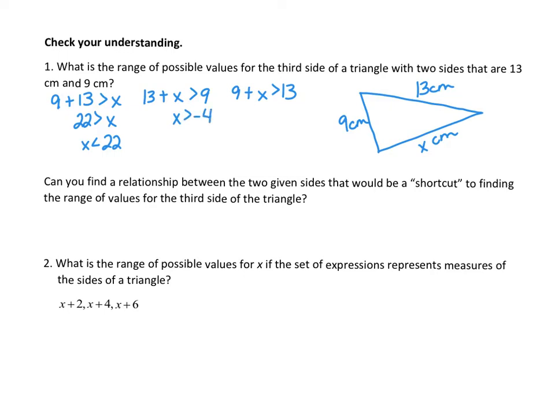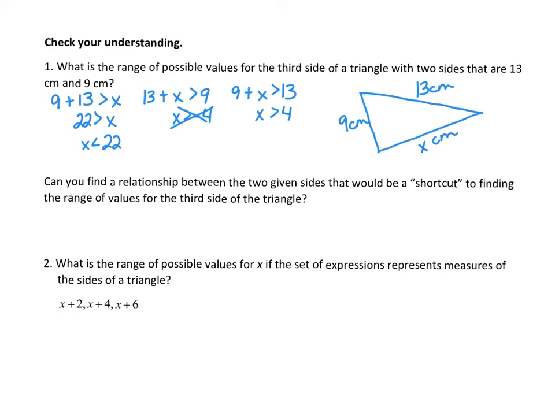Again, we're talking about lengths of the sides of a triangle, so we would eliminate this inequality because we cannot have any negative lengths. And then finally, when we subtract 9 from both sides on the last inequality, we have x is greater than 4, which means that 4 is our lower boundary.